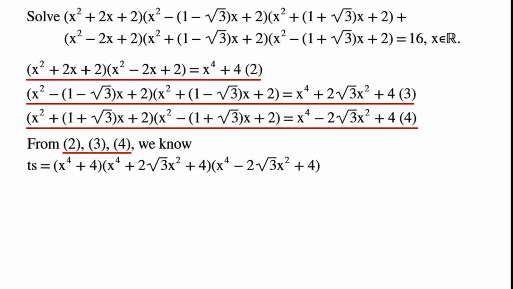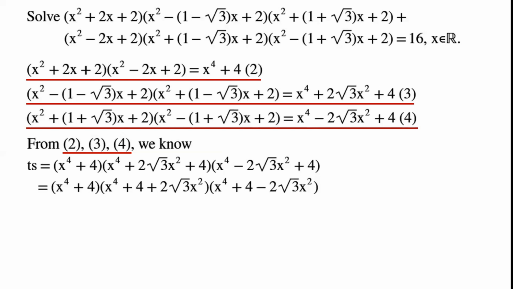From identities 2, 3, 4, we know TS equals x to the power of 4 plus 4 times x to the power of 4 plus 2 root 3x squared plus 4 times x to the power of 4 minus 2 root 3x squared plus 4.